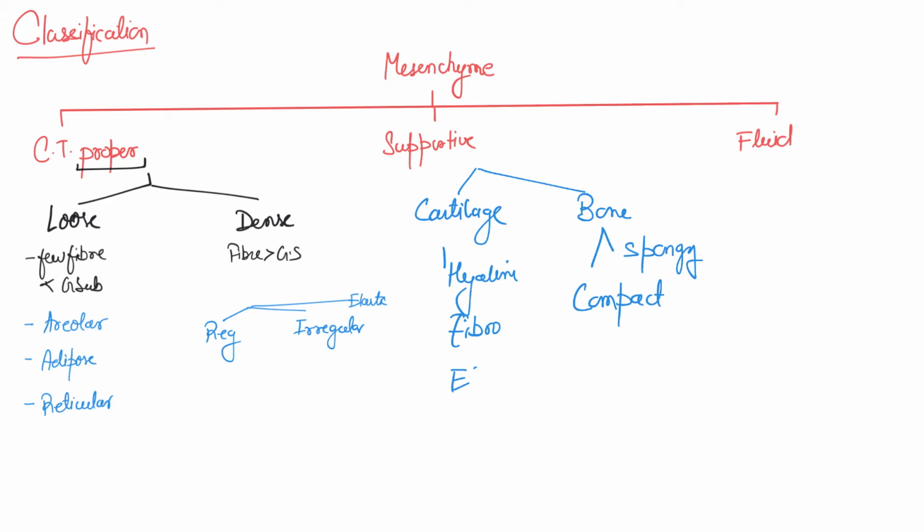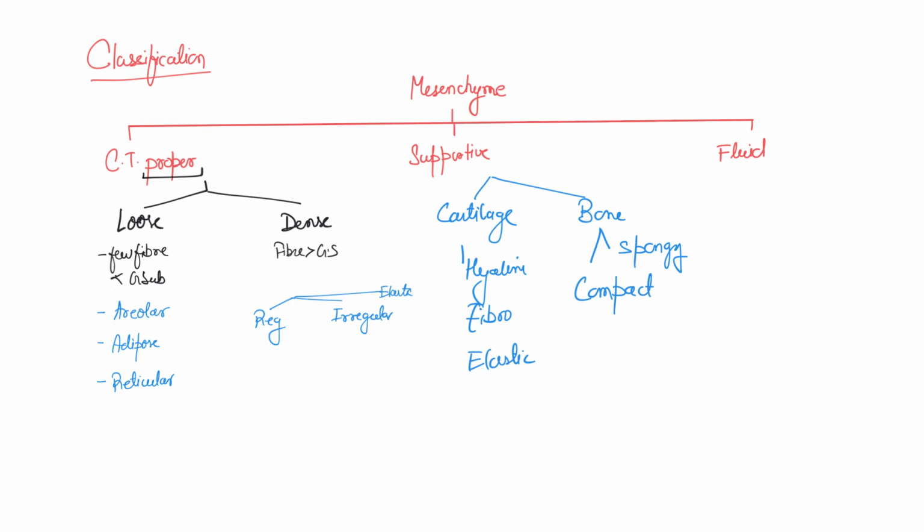and elastic. Now, I'd want to mention a few things here: even though connective tissue involves bone and blood, which we are going to just talk about, we will not be dealing with all of the subtypes in detail in this very lecture. The reason being, we need to cover them with their respective chapters.